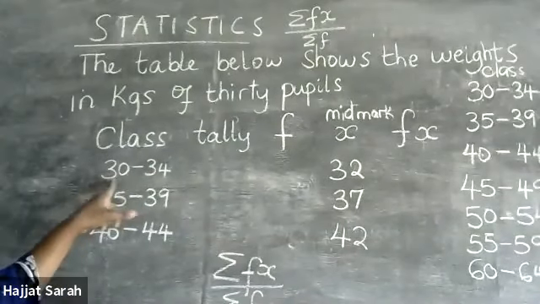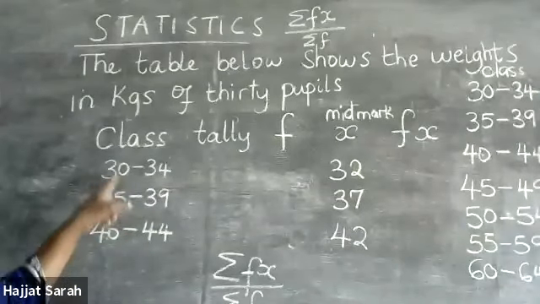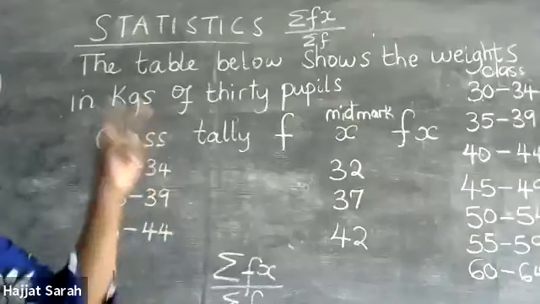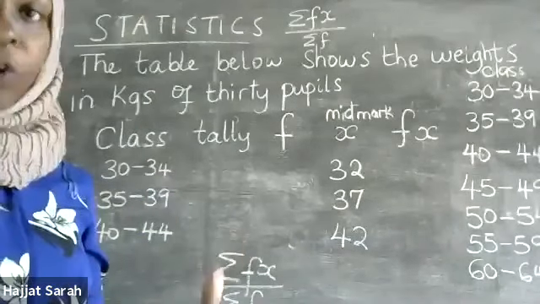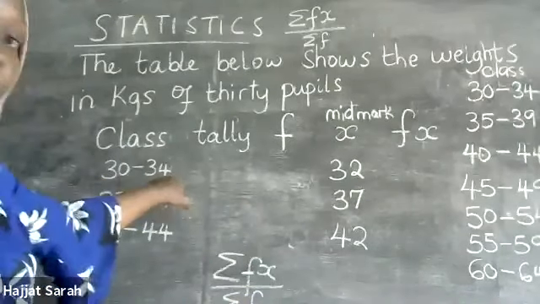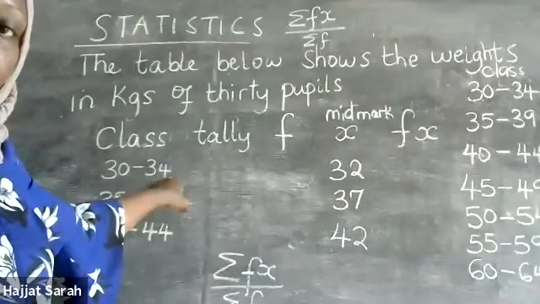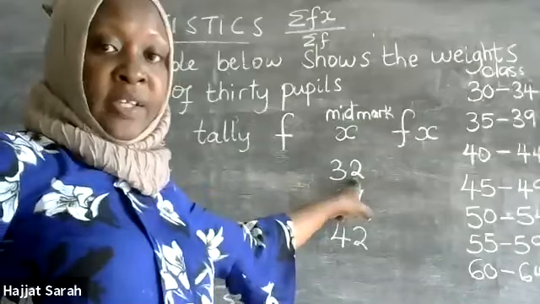So we are starting with 30 to 34. Get your 30, add it to 34 and divide by 2. So when you add 30 to 34, you get 64. And then when you divide 64 by 2, you end up with 32.